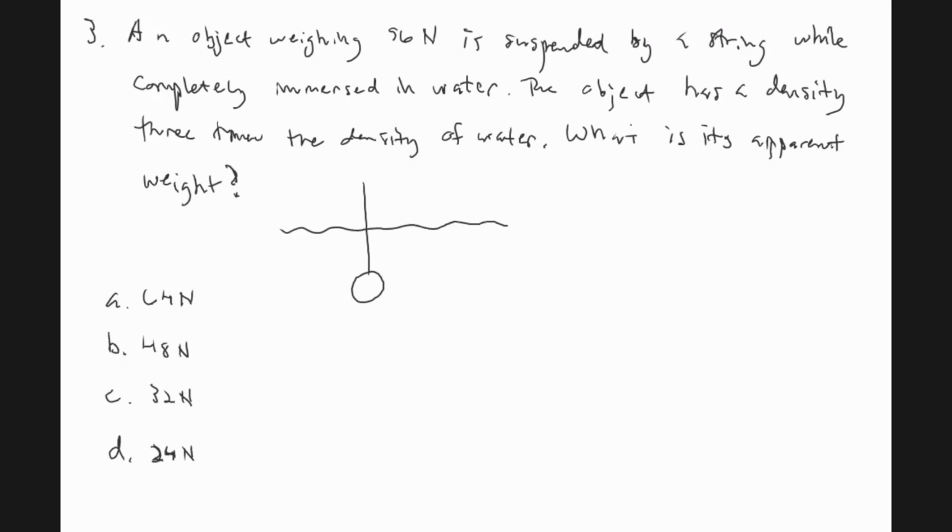So what are the forces acting on this object? Yep. And the thing we're trying to find, the apparent weight or the tension. So we'll say tension, we'll say F buoyant, and the weight. You already know the weight of the object. It's given to you. It's 96 newtons.